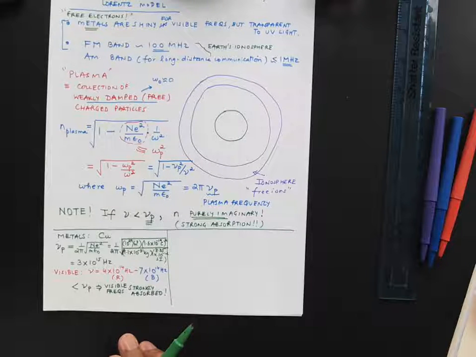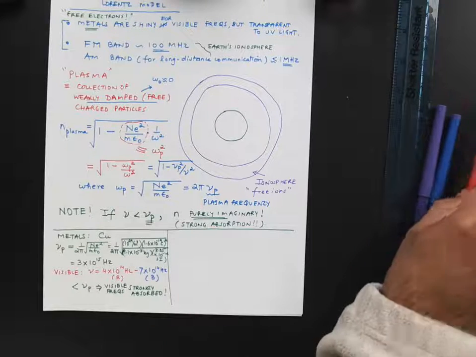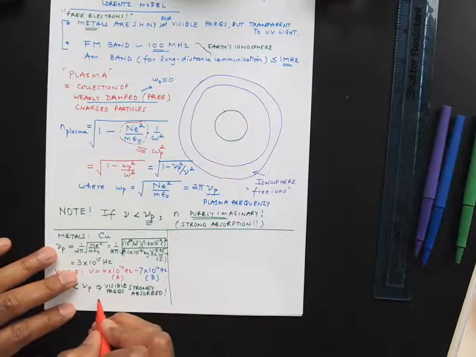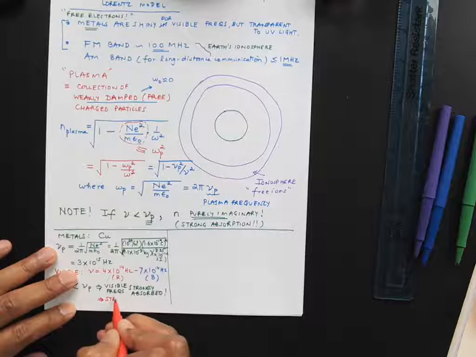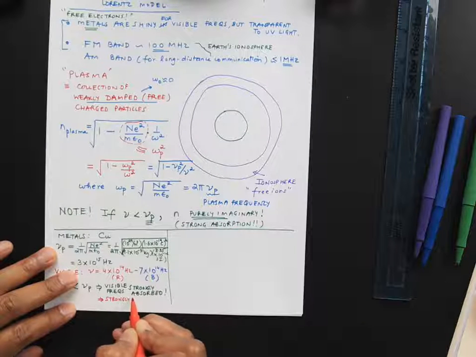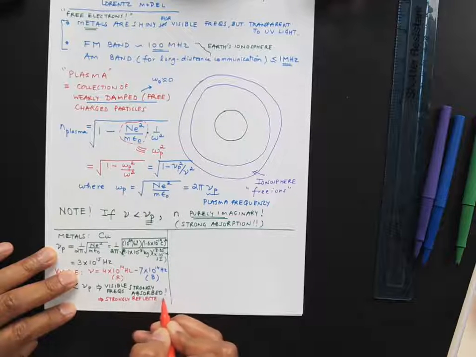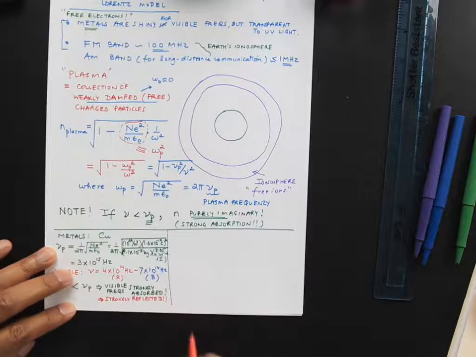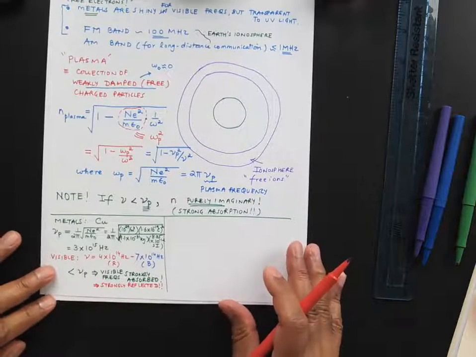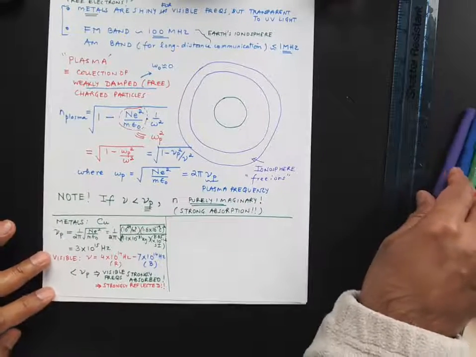So I will talk about this fact next on Tuesday. Strongly absorbed also means that they are strongly reflected, and that's why it appears shiny. Metals appear shiny.